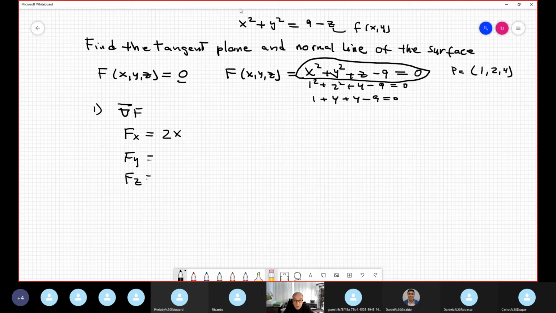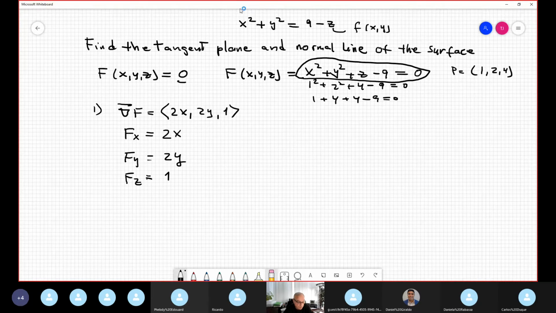But you consider that y and z are constants, and the derivative of a constant is 0. Likewise, when you differentiate with respect to y it is 2y. And when you differentiate with respect to z, it is 1, because the derivative of z with respect to z is 1. Okay, entonces the gradient, sorry, is 2x, 2y, 1.